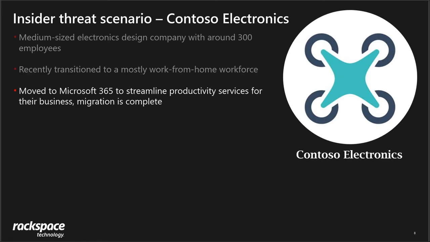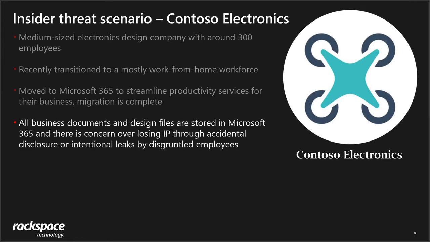They have moved all of their productivity services into Microsoft 365, and that migration is complete. So they're fully onboarded to Microsoft 365 from a technical standpoint. And all of their business documents and design files and IP are stored in 365. And there's some concern that because that's all there, they could lose control of it, right?